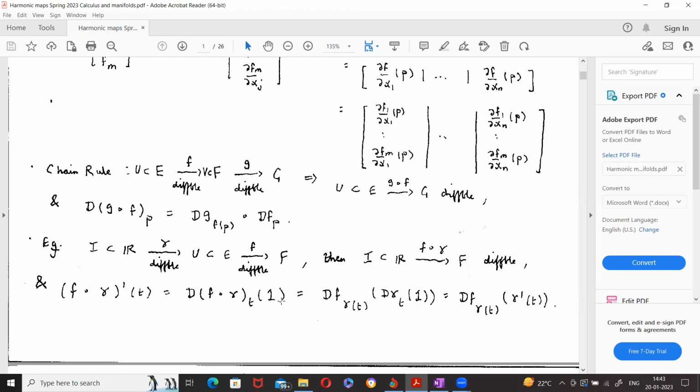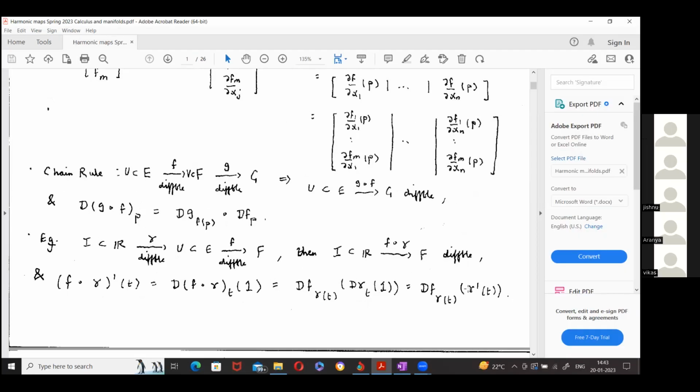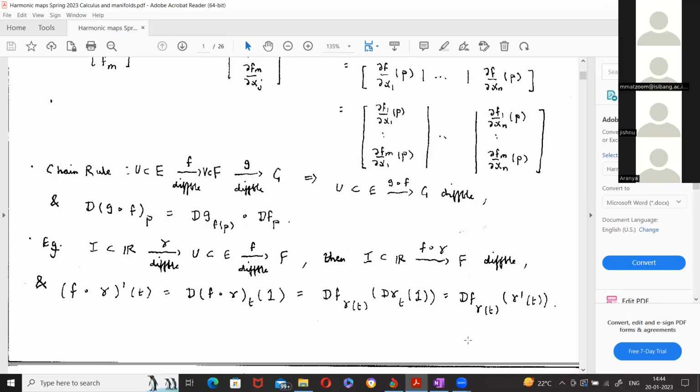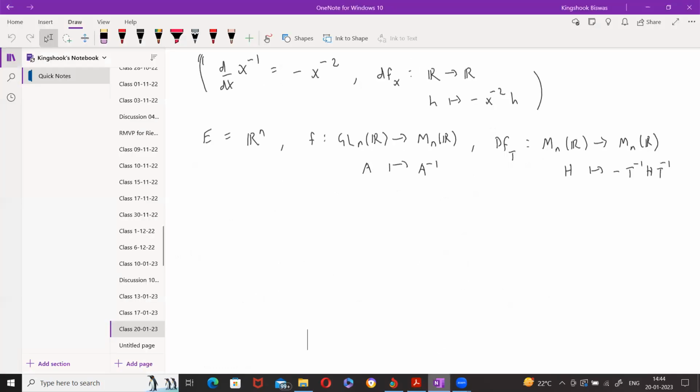But that becomes, by the chain rule, dF at gamma(t) applied to d gamma at t of 1. And d gamma at t of 1 is gamma'(t). So that tells us that (F composed gamma)' at t is dF at gamma(t) applied to gamma'(t).